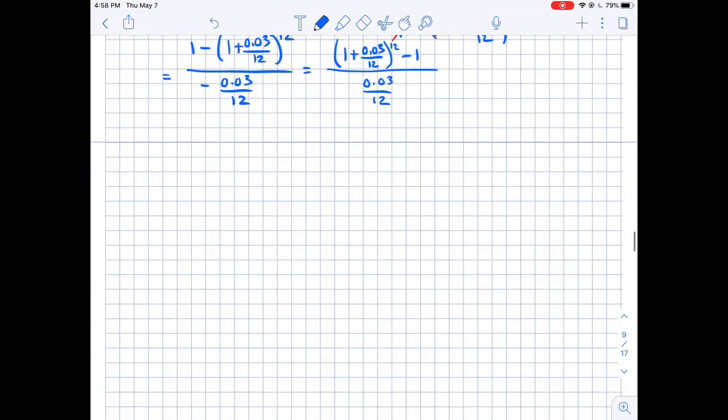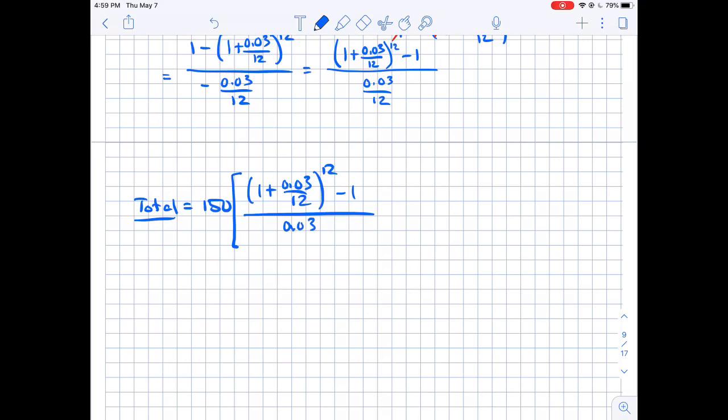What we end up with for our total is 150 multiplied by, and things get a bit messy here, but we have (1 plus 0.03 over 12) to the power of 12, minus 1, divided by 0.03 divided by 12.